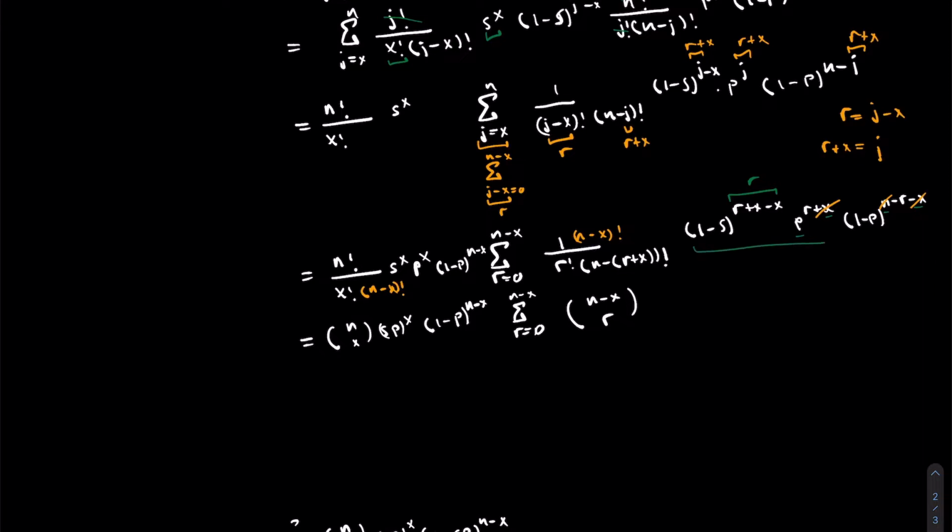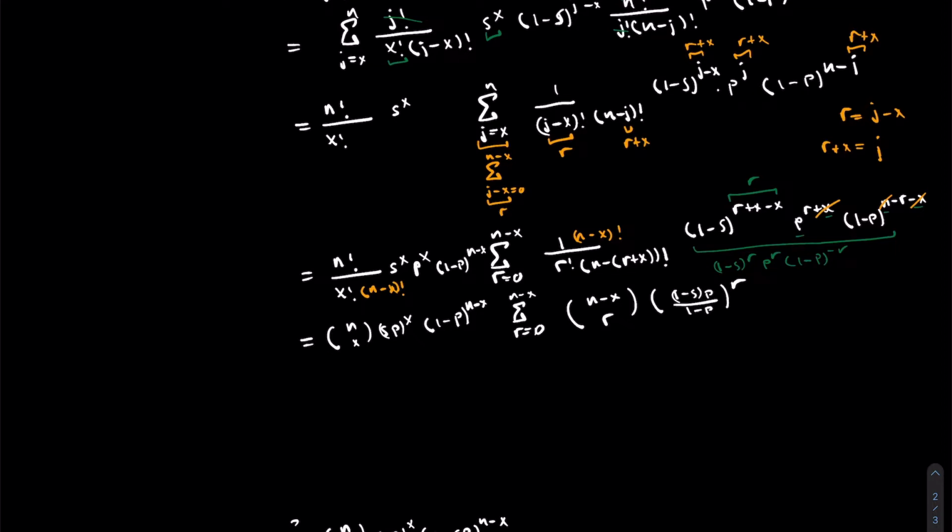So this whole thing that is left is the sum of n minus x choose r, s p to the r, 1 minus p to the minus r. So this whole thing is writing it into the same parentheses. So we have s p over 1 minus p to the r. Okay.